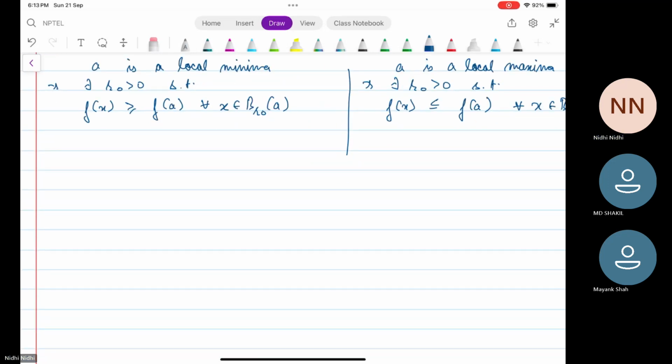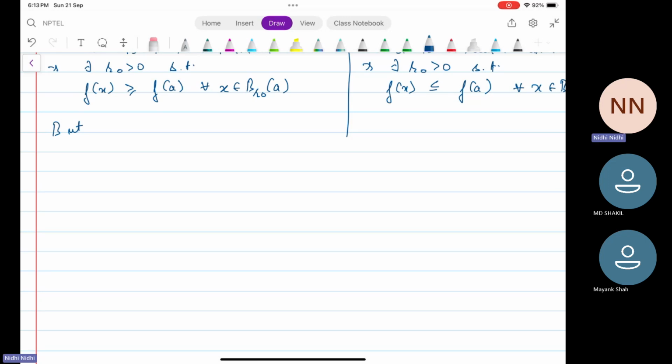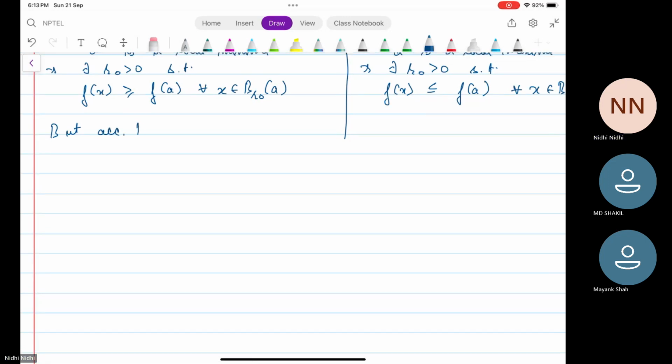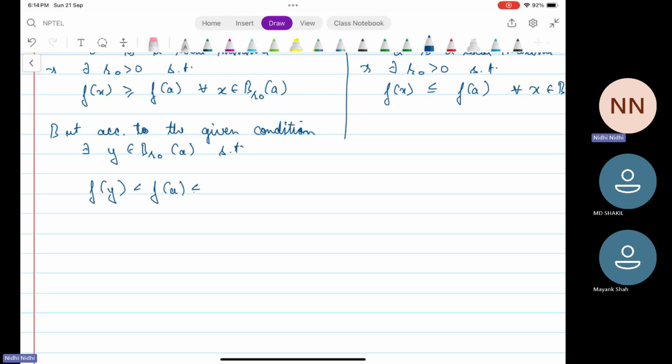But according to the given condition, since this R naught is some real number, there must exist some y in B(R naught, A) such that f(y) will be strictly less than f(a) less than or equal to f(x), which will give us a contradiction.